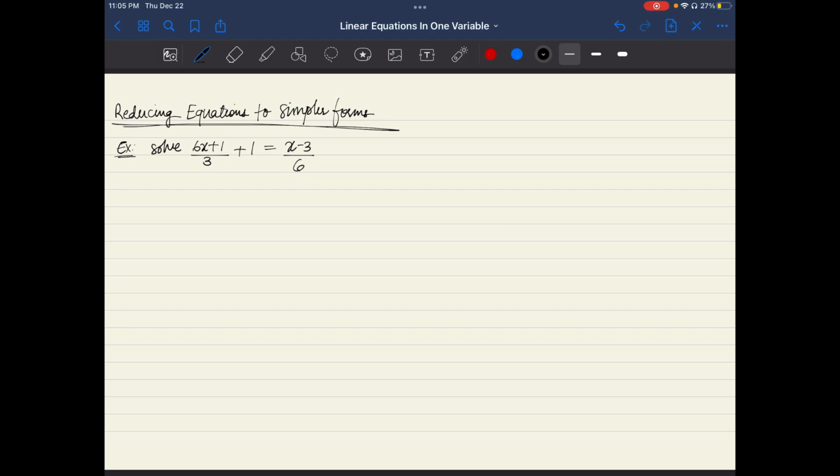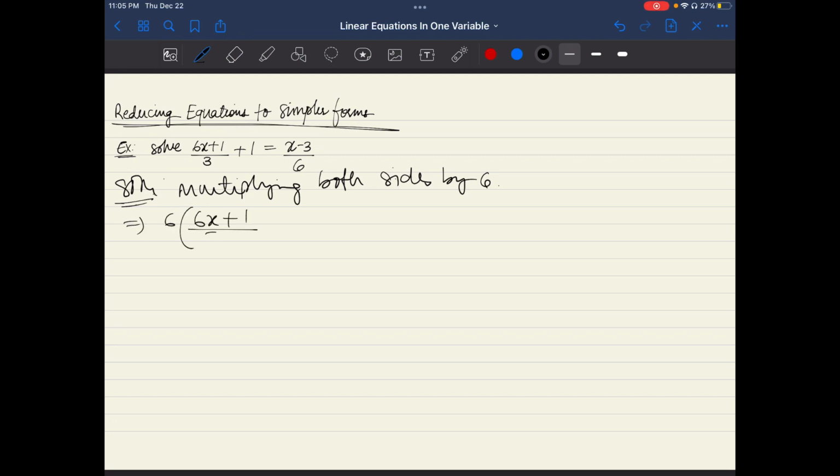plus 1 equals (x minus 3)/6. Now in this case, let's start with multiplying both sides by 6. We get 6 times ((6x plus 1)/3 plus 1) equals 6 times (x minus 3)/6. Here the 6 and 6 get cancelled.